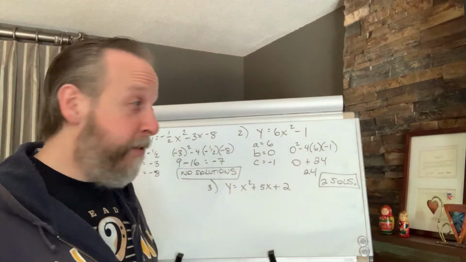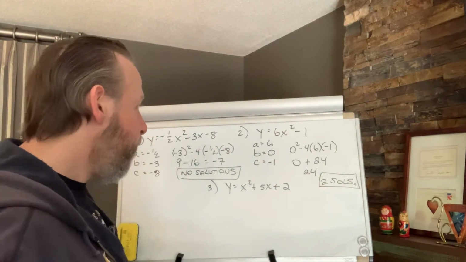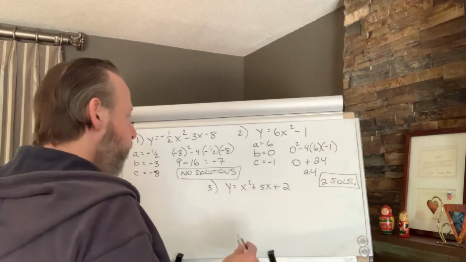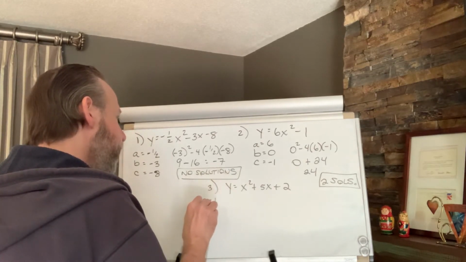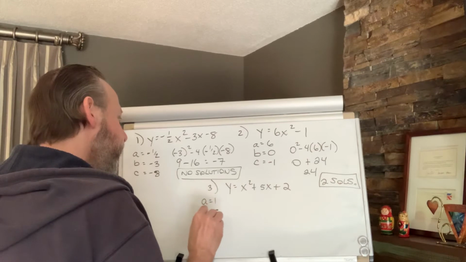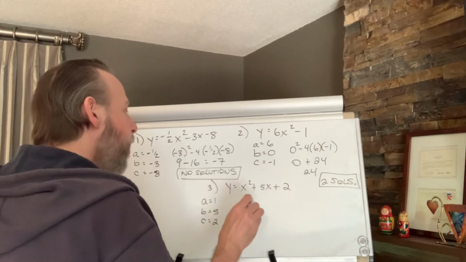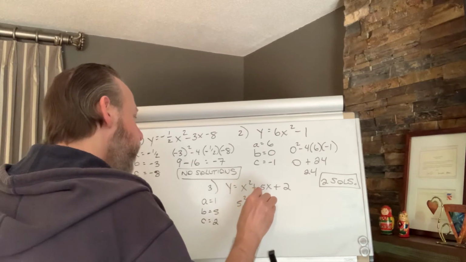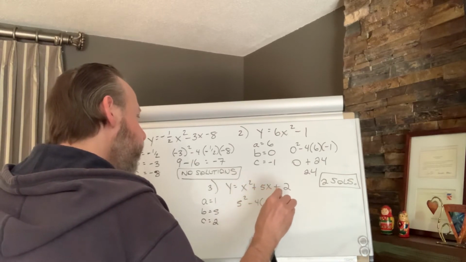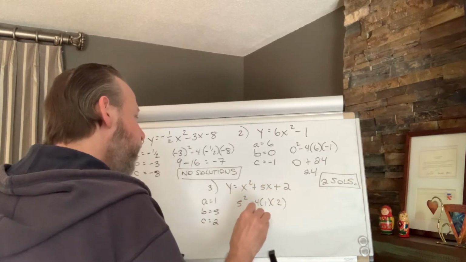Well, number 3, if I'm keeping with any kind of pattern here, you might see. But let's just find out what's going on here. A is the number 1 this time. B is positive 5. And C is positive 2. B squared, 5 squared, minus 4 times 1 times 2, it's 25.